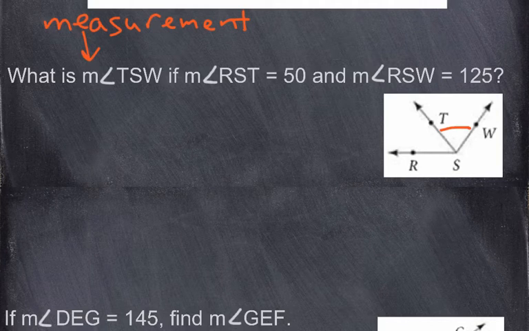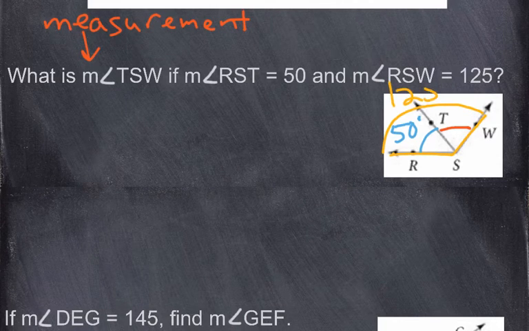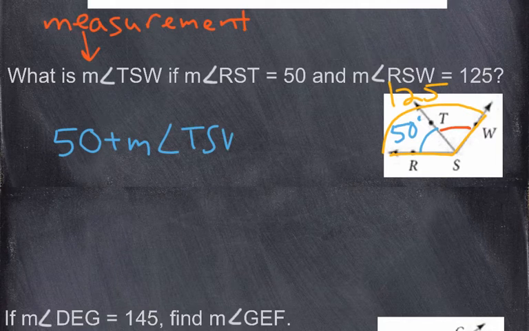What is the measurement of angle TSW if angle RST, this one right here, I'll do that one in blue, is 50 degrees? And we know that RSW, so the entire angle, is 125. So what we can say is we know the 50, the small angle. The other angle we don't know, the measurement of angle TSW, equals the entire angle, which we do know is 125.